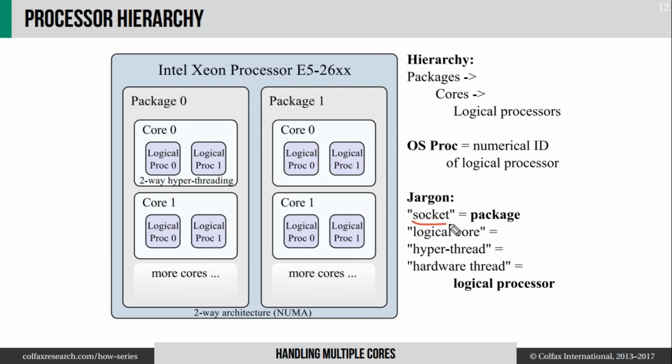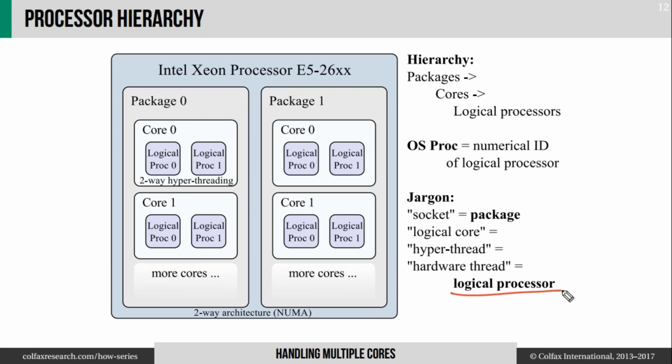Sometimes you will also hear the word sockets referring to the package. For example, some people would call it a two-way, dual socket processor. And instead of package 0, package 1, you might hear socket 0, socket 1. Of course, this refers to the physical socket on the system board, but the meaning is usually clear.